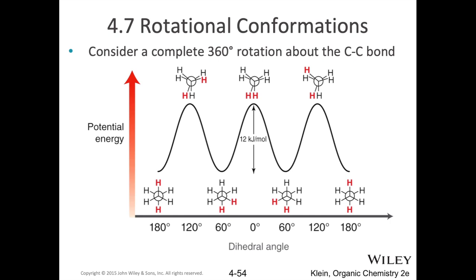Okay, so how does stability or potential energy change as you rotate around a carbon-carbon bond? You can see that you can go from one staggered conformation to another. If we take 2 hydrogens and highlight them in red to show you how this is changing. Okay, so if we rotate this 120 degrees so that this hydrogen is pointing down here. Notice that we could rotate another 120 degrees so the hydrogen is pointing here.